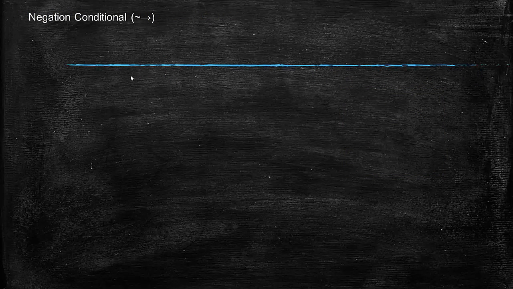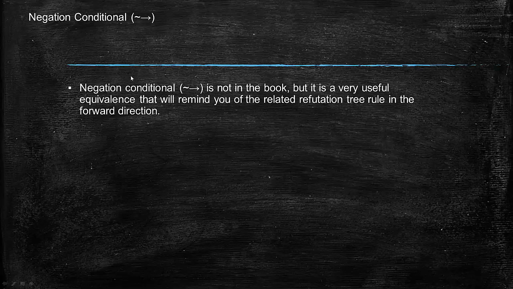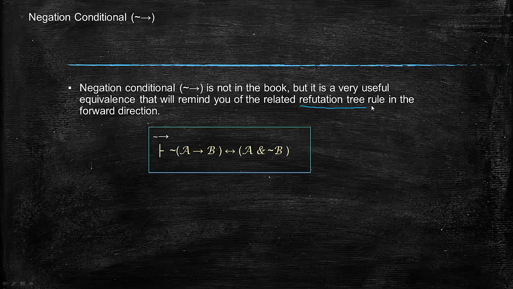Okay, let's talk about negation conditional, which I said earlier is not in the book, but is also very useful. Part of the reason I like to introduce it is because it is in the book in theory, or intuitively, because it'll remind you of the refutation tree rule.